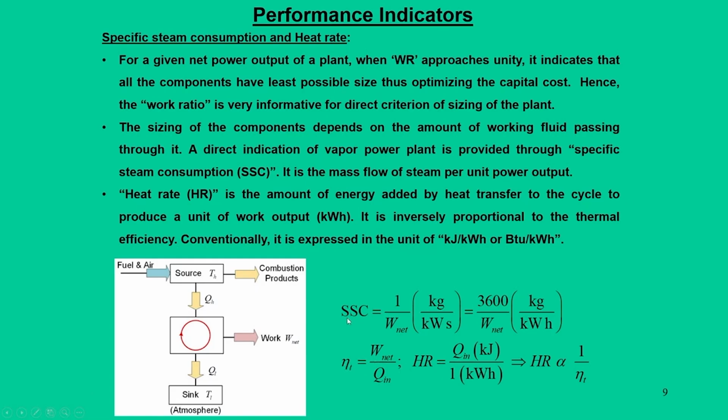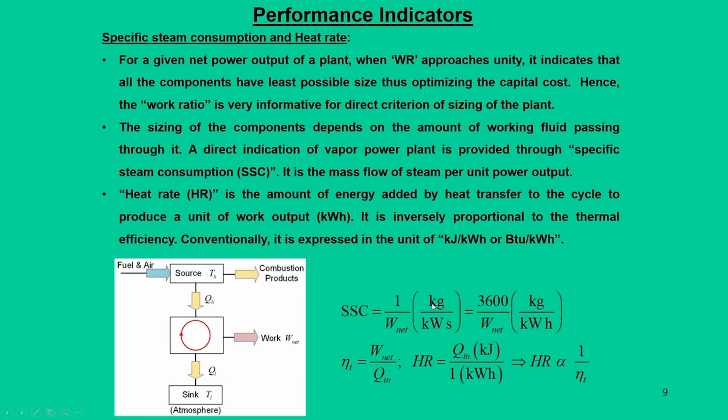Many times if you bring back the definition in mathematical form, we say specific steam consumption SSC is 1 by W net, and its unit will be kg per kilowatt second. But this number is typically very low.